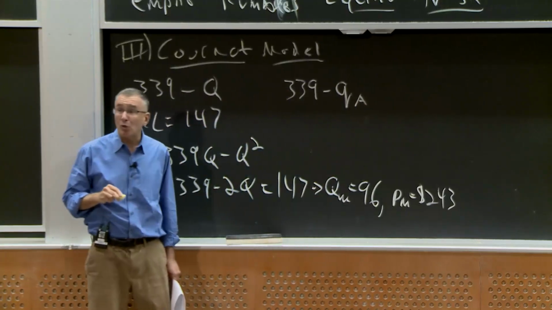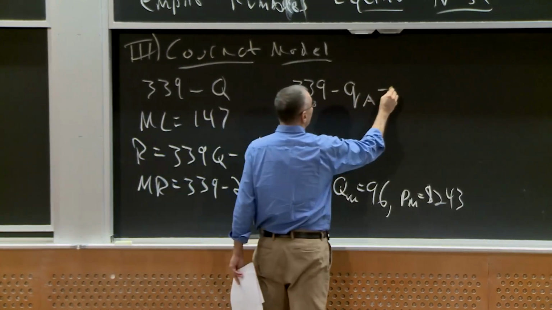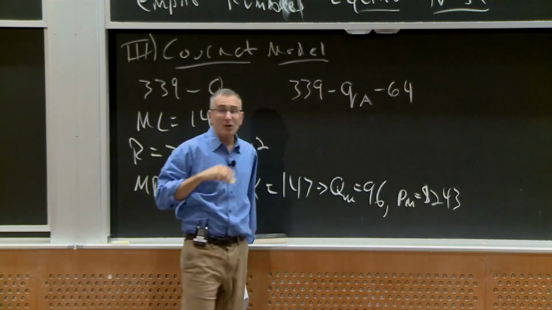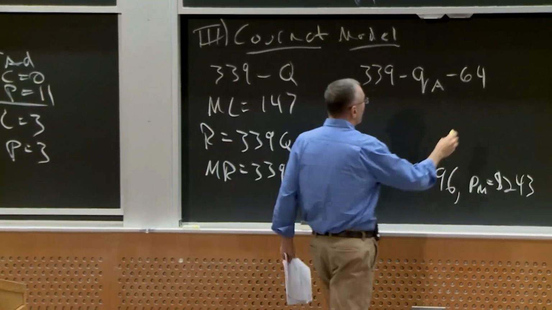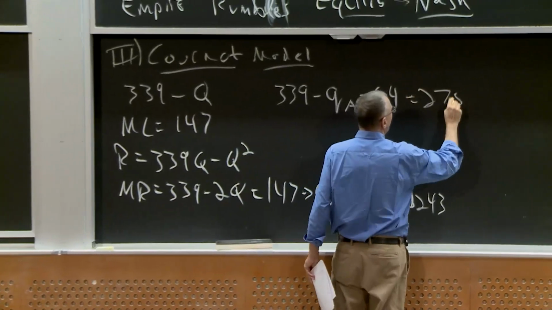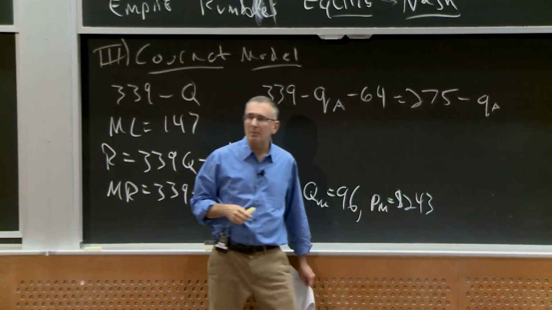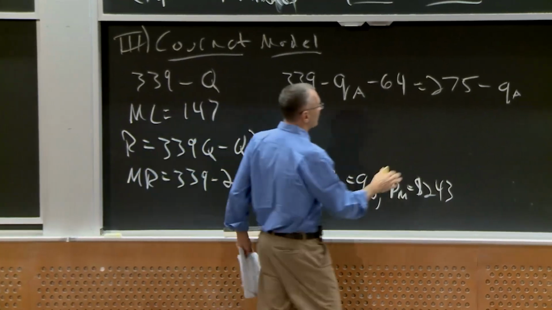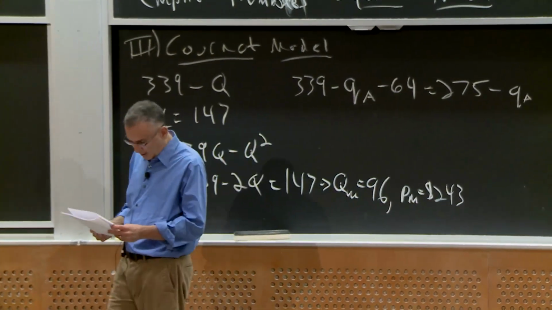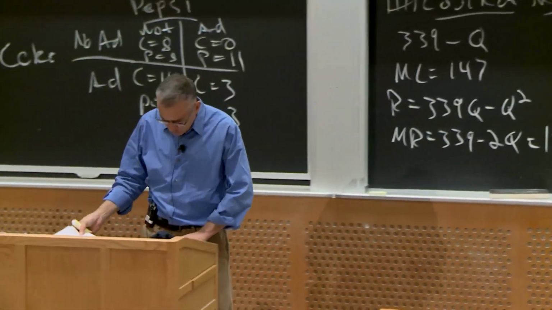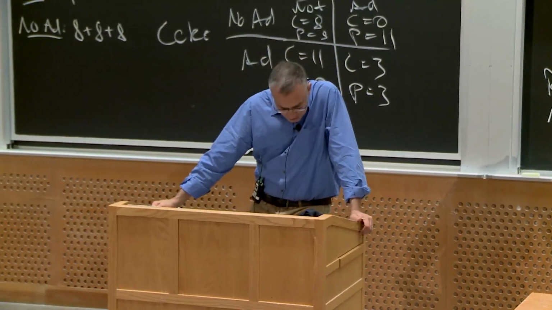Now it's little q because there's two firms in the market, minus the 64 flights that United's going to provide. So its residual demand is 275 minus Q sub A. That's its residual demand. Well, armed with that residual demand, we can go back and redo the monopoly example. So look at figure 13.2.